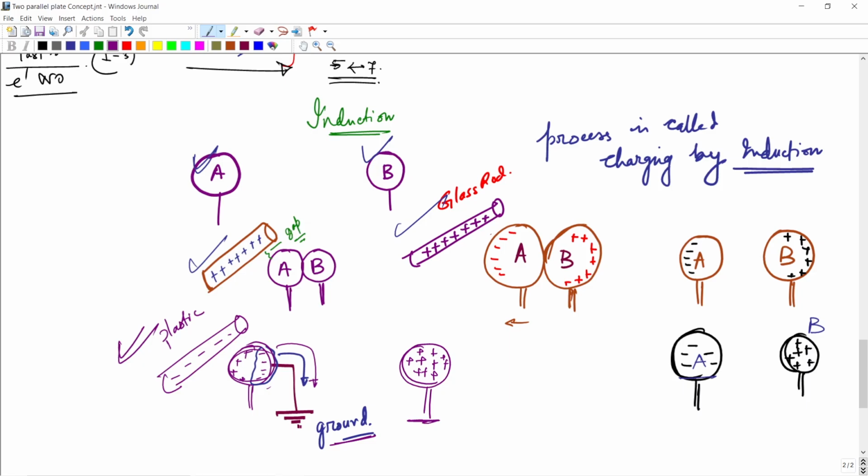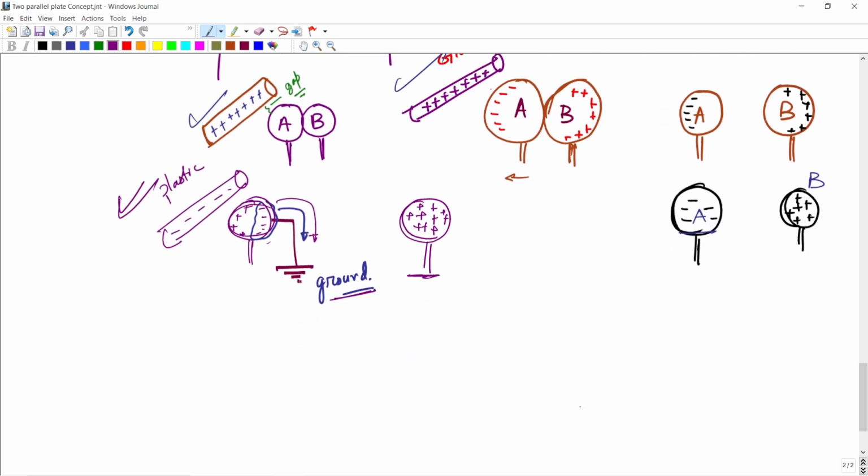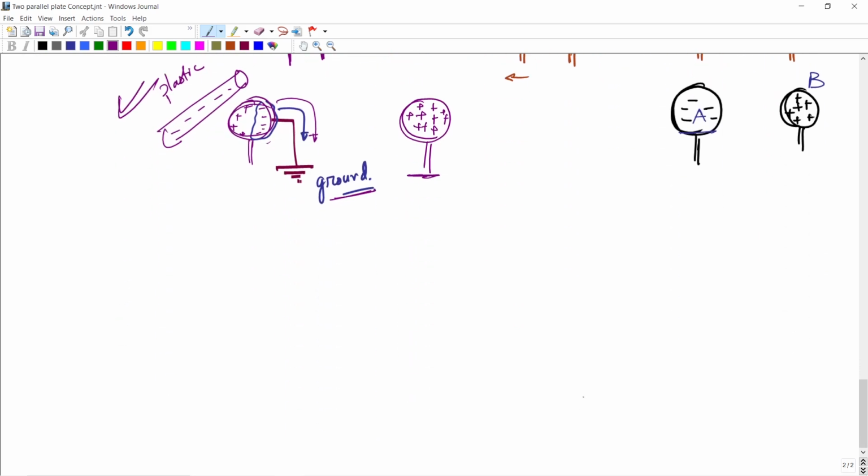Next, we discuss additivity of charges. Charge follows additivity, which is a superposition principle. The total charge is simply the algebraic sum of the individual charges.